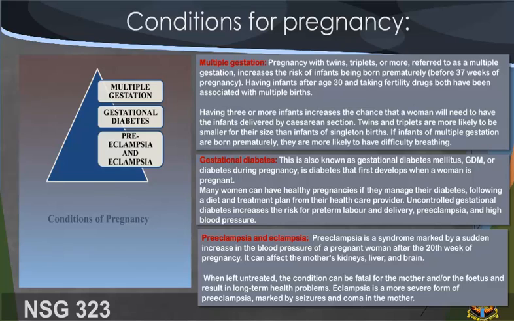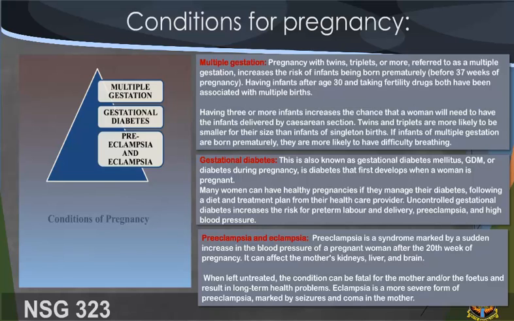Multiple gestation. Pregnancy with twins, triplets, or more, referred to as a multiple gestation, increases the risk of infants being born prematurely before 37 weeks of pregnancy. Having infants after age 30 and taking fertility drugs both have been associated with multiple birth.